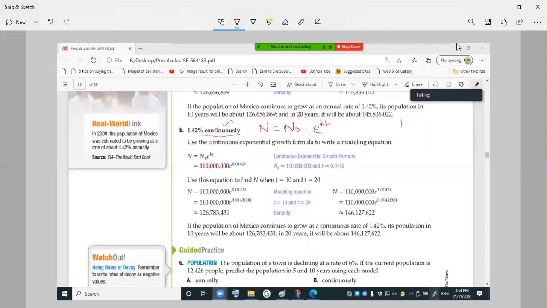Here k will be equal to what we have taken for r, 0.0142, and time is 10 years.